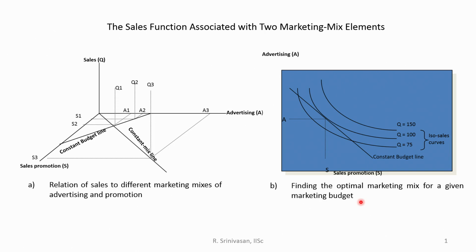So, here you are representing it as a 3-dimensional diagram, here as a 2-dimensional graph, and whichever is more understood by you, you can take that particular method of representation.